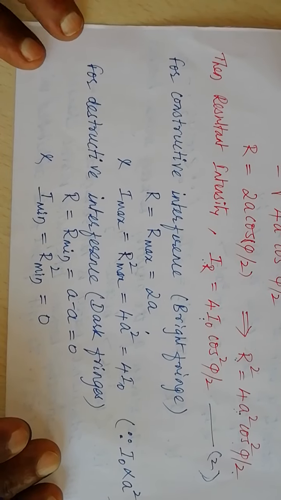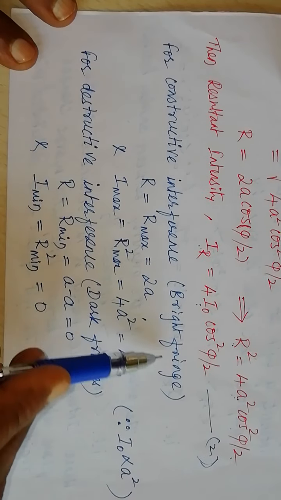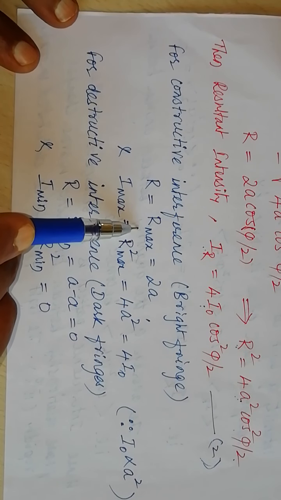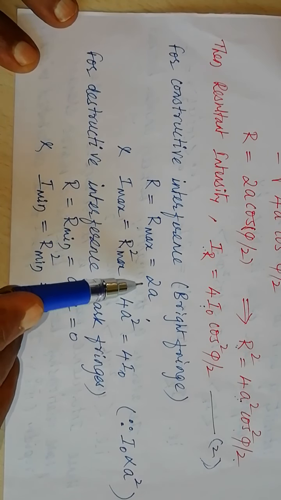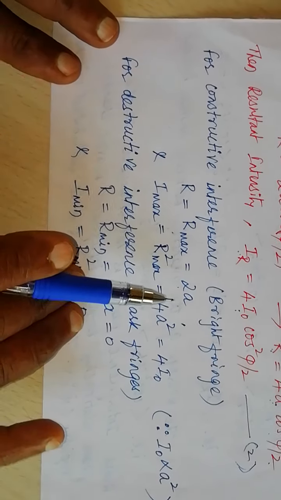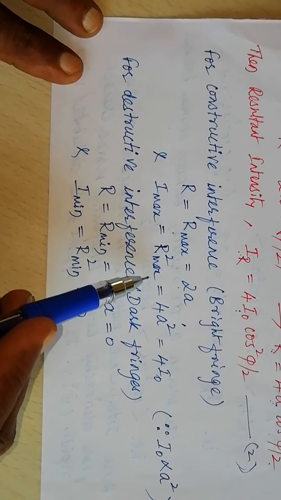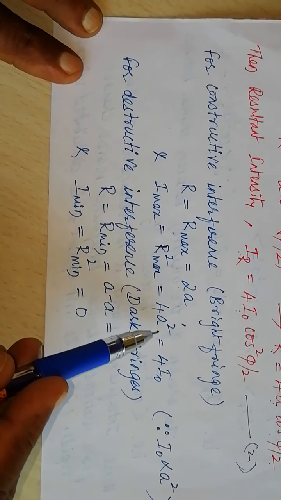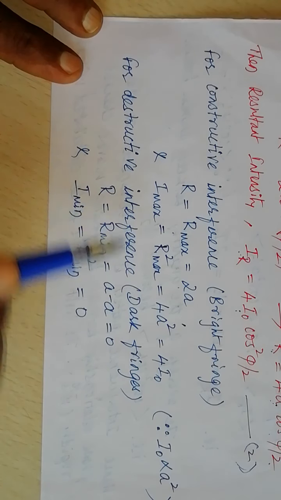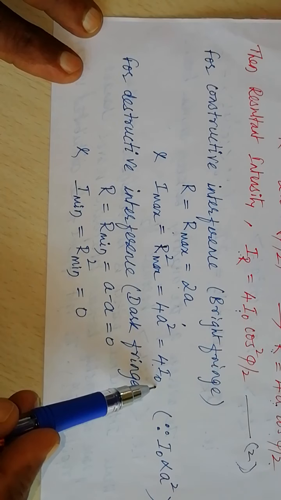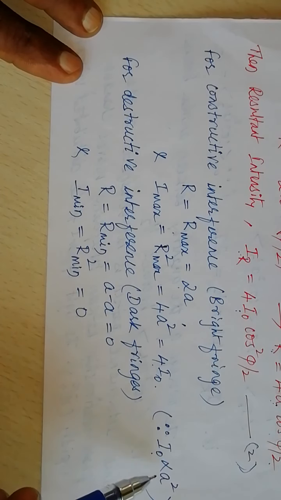Further, for a constructive interference bright fringe to be formed, the R maximum is A plus B. When A equals B, then it is 2A. And I maximum equals K R square maximum, K 4A square, K will cancel, so it is 4 I0, since I0 is directly proportional to A square.